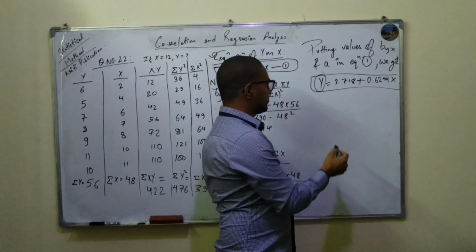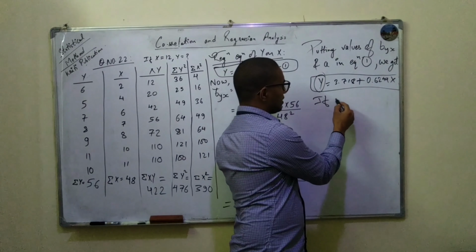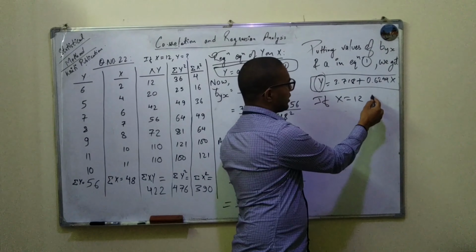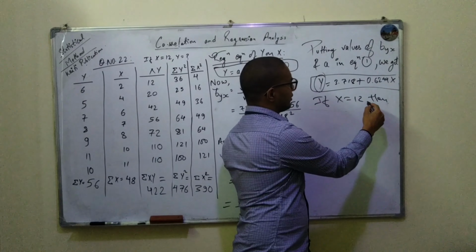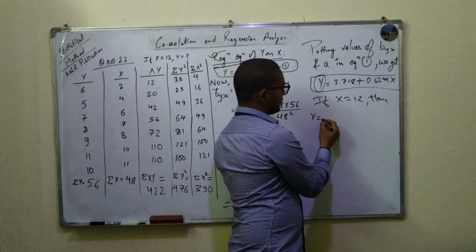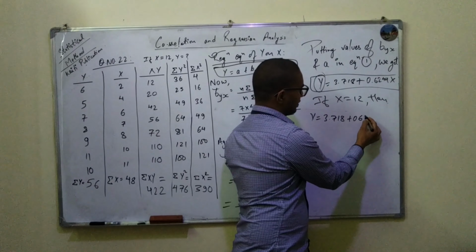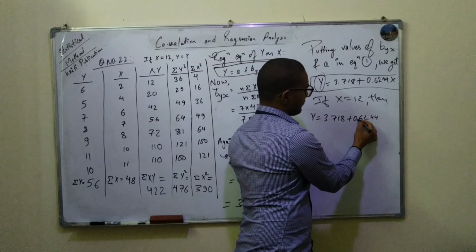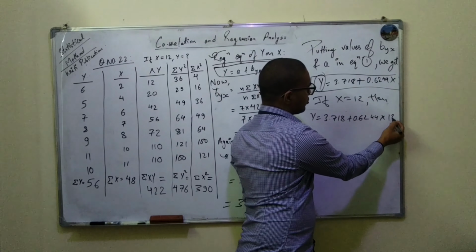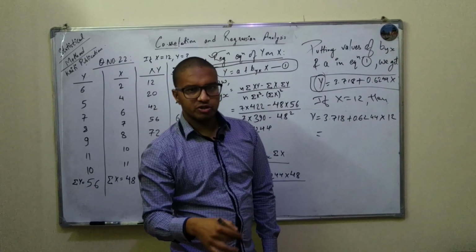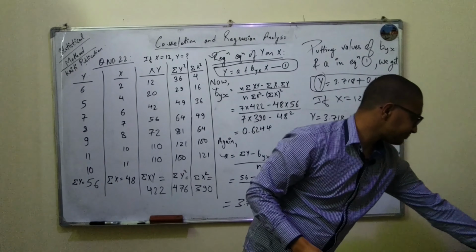So if x equals 12, then y equals 3.718 plus 0.6244 times 12.